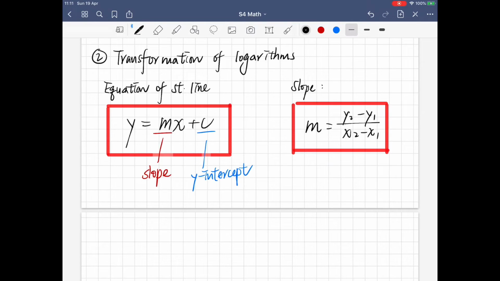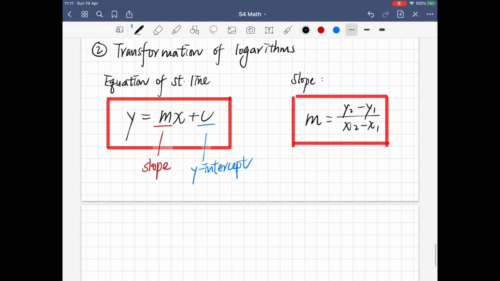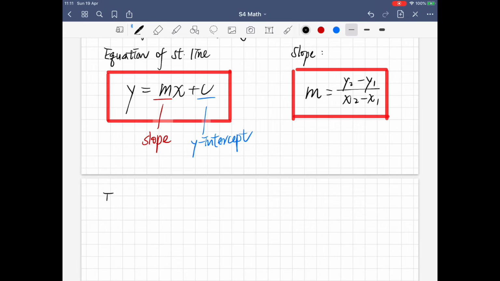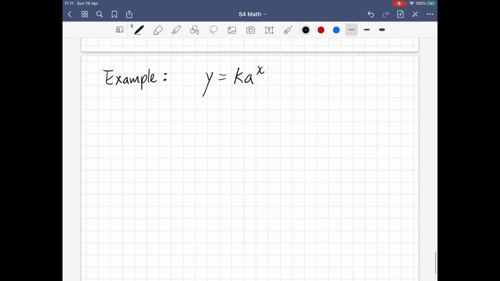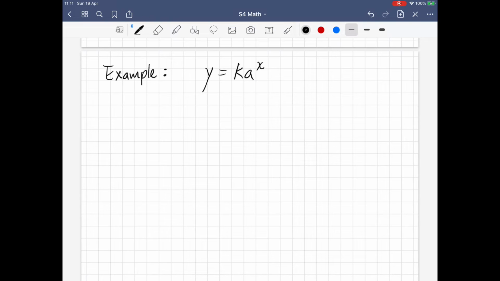And now I will give you an example of how we can transform the logarithms. We can consider an exponential function y equals k a to the power x. And our first step is to take log on both sides.